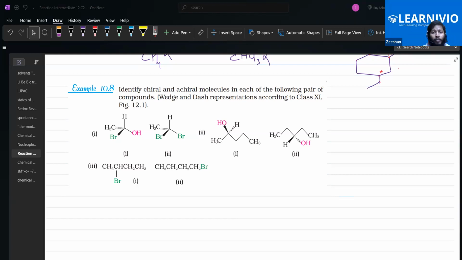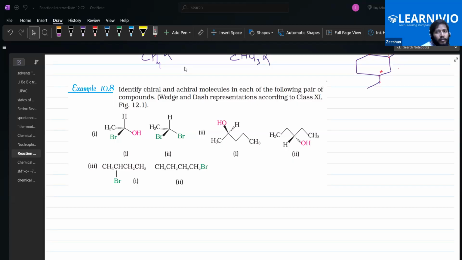In the first structure, we have hydrogen and OH with single normal bonds, so they are in the plane. The hydrogen is present here, OH is present here. The bromine is a darker shade, so bromine is present on this side, out of the plane. And CH3, which is dashed, is present on this side, below, backside, into the plane. Yes, sir.